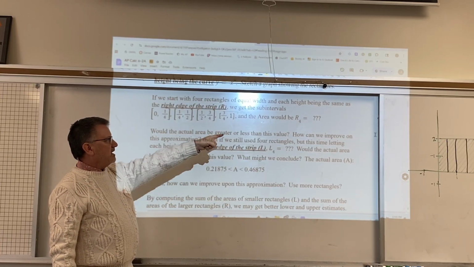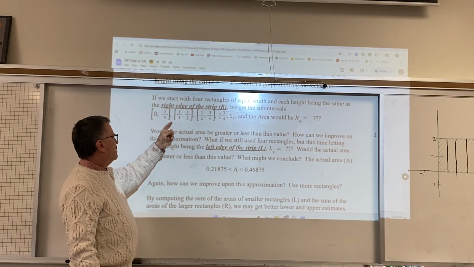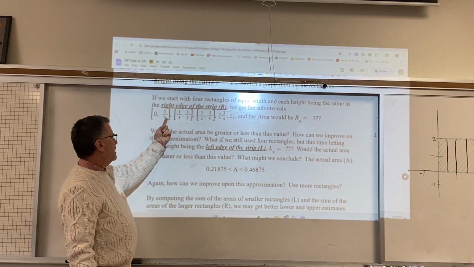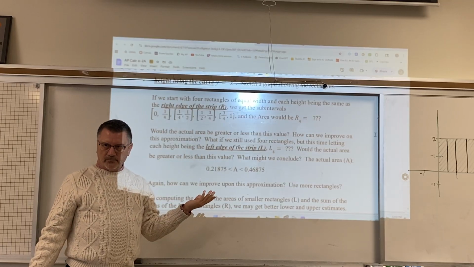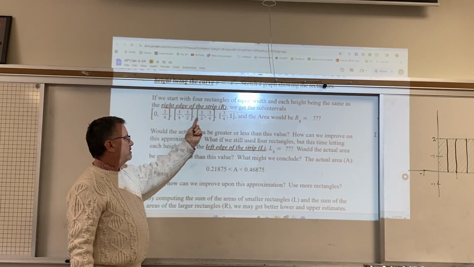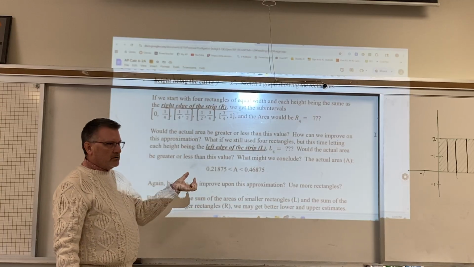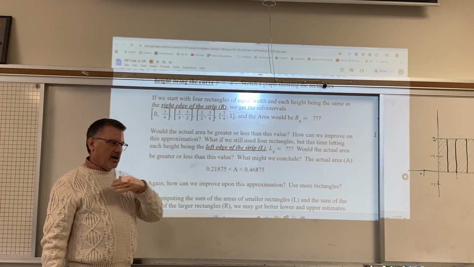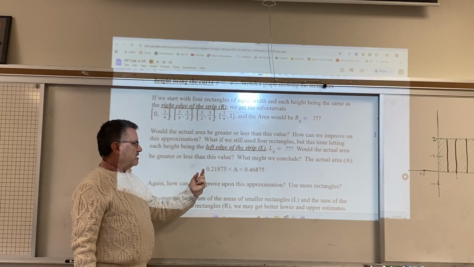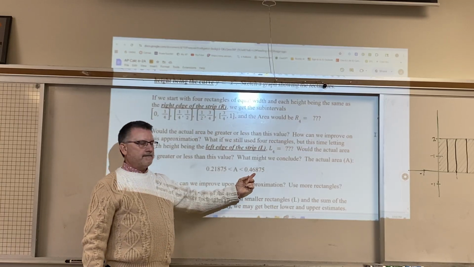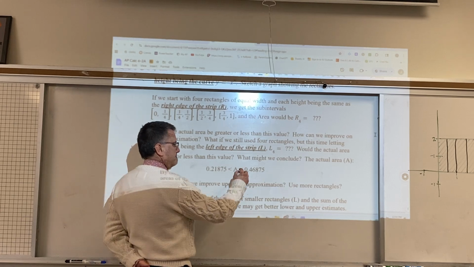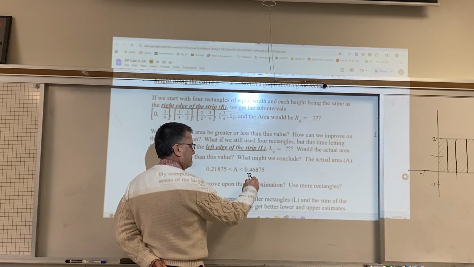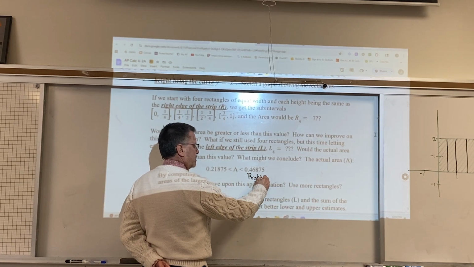I plugged each value into the equation and found out what the height was here, here, here, and here. The base was still multiplied by 1/4. Add them together, I got this. That was the right side area.